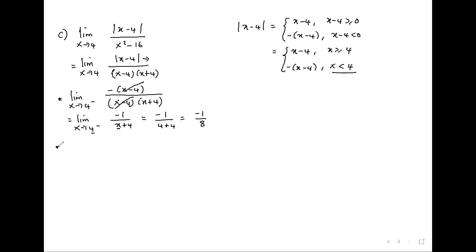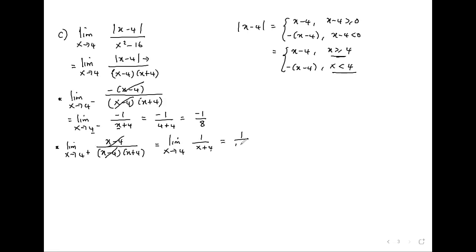And then the second one will be the limit as x goes to 4 from the right. The numerator now, so when we say from right, we are picking where x is greater. x minus 4 over x minus 4 multiplied by x plus 4. So this and this cancel, and we get the limit as x goes to 4 of 1 over x plus 4.